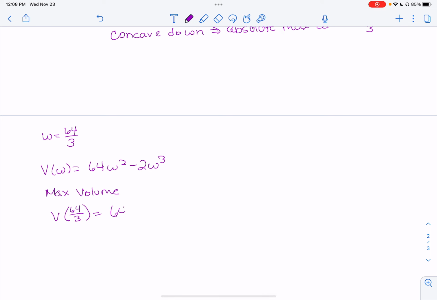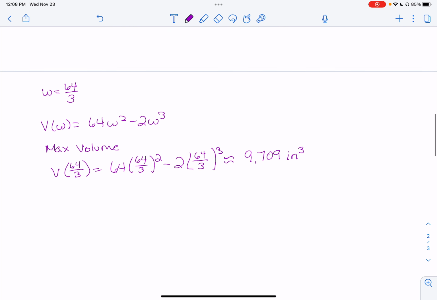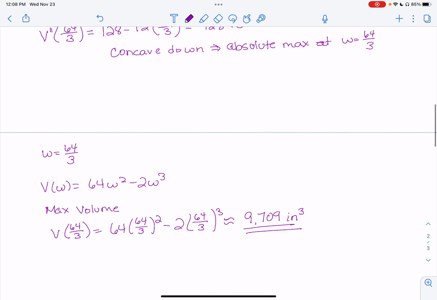So I have 64 times 64 thirds squared minus 2 times 64 thirds cubed. And that'll come out, if you punch it into your calculator, to approximately 9,709. And your answer here is going to be in inches cubed, because you'll remember that the 64 here was in inches. So make sure you go back and check that. So that's the answer for the maximum volume.